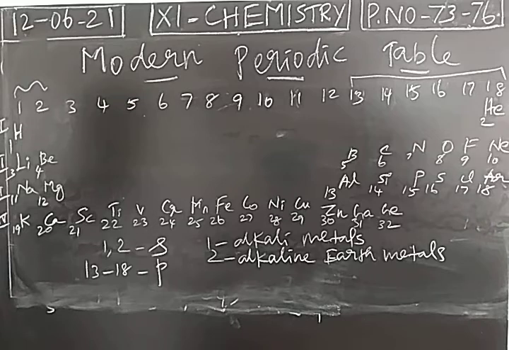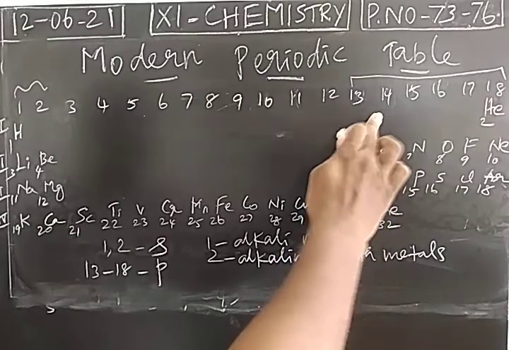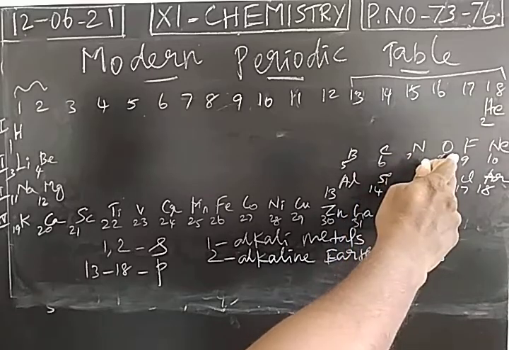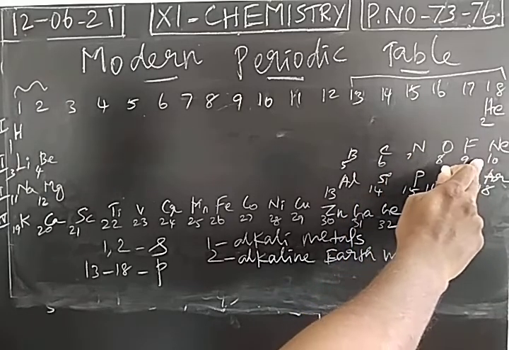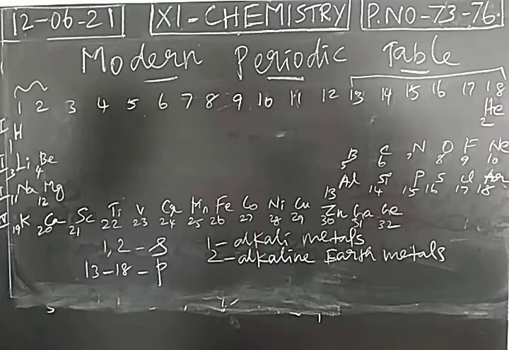S block element means the outermost orbital will be the s orbital. P block elements will have the outermost orbital as the p orbital. For each group, you already studied the name. What is the name of the 13th group? Boron family, carbon family, nitrogen family, chalcogen family except polonium, halogen family, and noble gases.